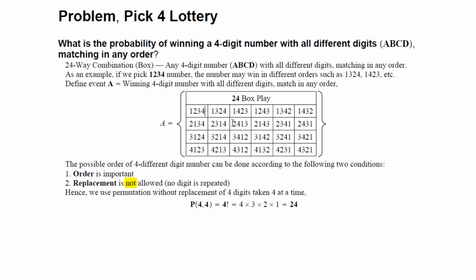So if the winning ticket is 2413 and we played, let's say, 1324, we can still win with this 24 box play. How many possible arrangements can we have of this ticket 1, 2, 3, 4?